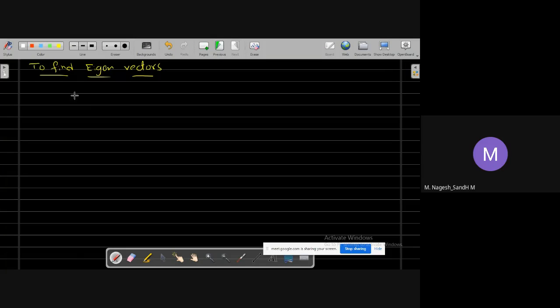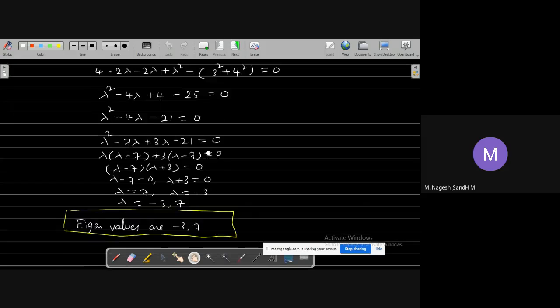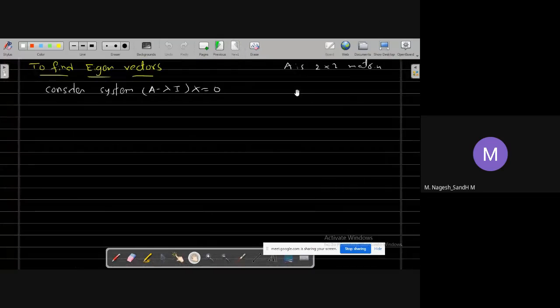To find eigenvectors, consider the system A minus lambda I into x equal to 0. You know A is a 2 cross 2 matrix, so x is nothing but x equal to, what is that?